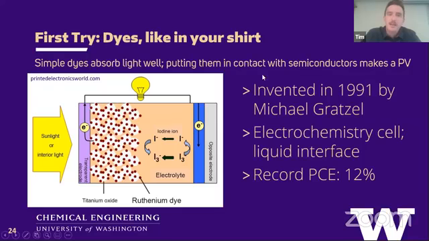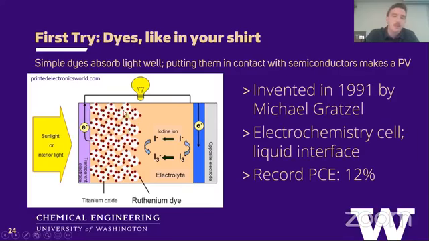His idea was to take dyes, like the dyes that are in your shirt or in your dish towels or just in your world in general, and use these very good absorbing materials to make solar cells. The problem, though, is that these dyes absorb light very well, but they don't conduct. And so electrons that get excited in a dye are normally just stuck in that dye until they lose their extra energy from the sun.